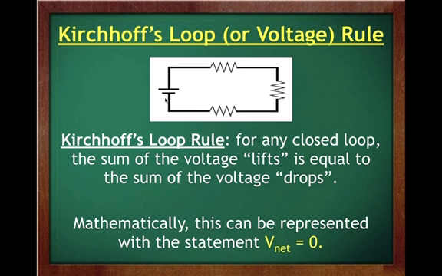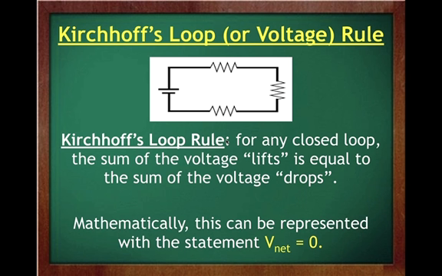Okay, so this is a very simple one where there's just a single battery, but if there was ever a point where you came across another battery, like between 2 resistors, then the amount that you increase going across that battery, over an entire closed circuit, and the drops going through resistors need to end up being 0.